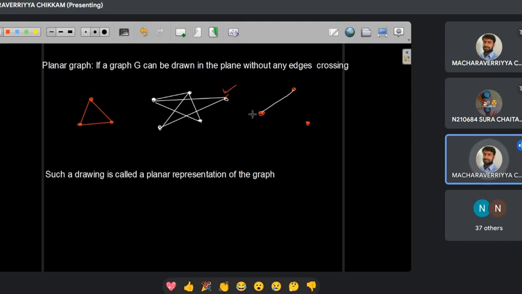Now you establish the connection. Next you take the rest of the vertices. These two are connected, this is connected to it, and this is connected to it.